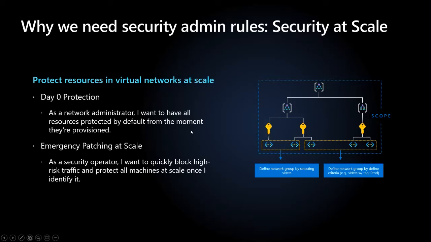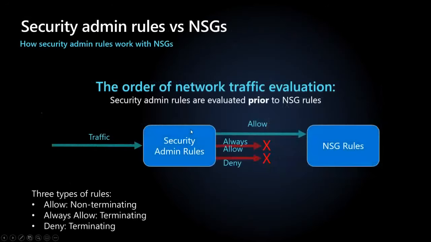Okay, let's move forward. So I want to review how secure admin rules work with NSGs. So as I mentioned, they can work in parallel. How it works in parallel is that essentially they're separate rules, and how it works is the order of network traffic evaluation.